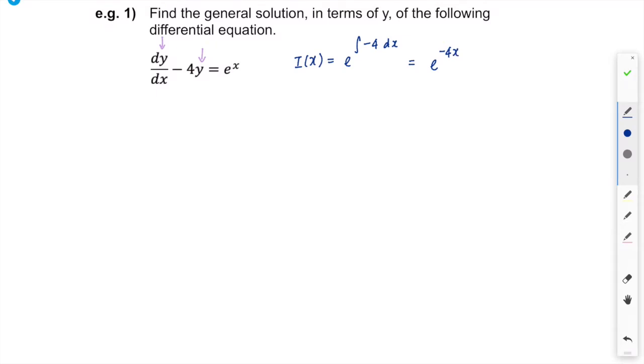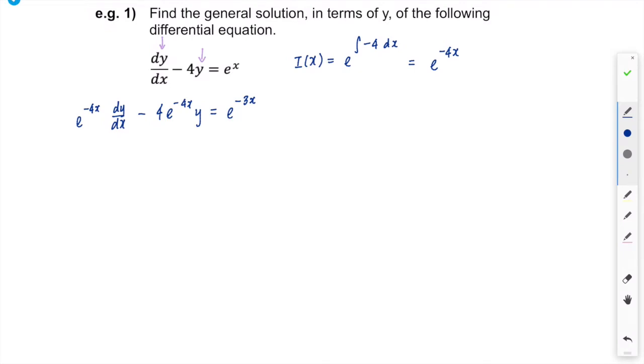We're going to make use of this I of x, multiply e to the power of -4x to every single term in our differential equation. And then on the right side, e to the x times e to the -4x is e to the power of -3x. Okay? So why is this useful?